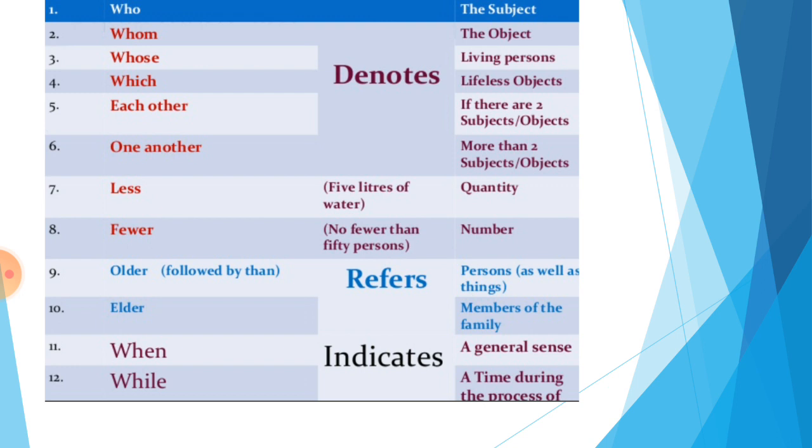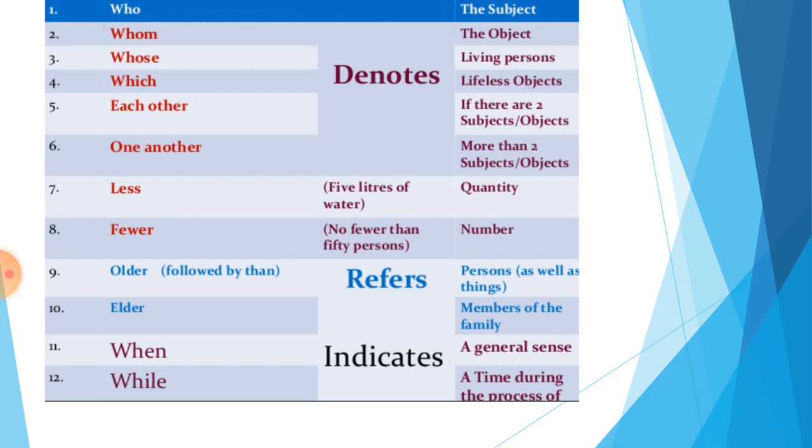Here, the subject who, the object whom, the object whose denotes living persons, which denotes lifeless objects. Each other denotes if there are two subjects or objects.